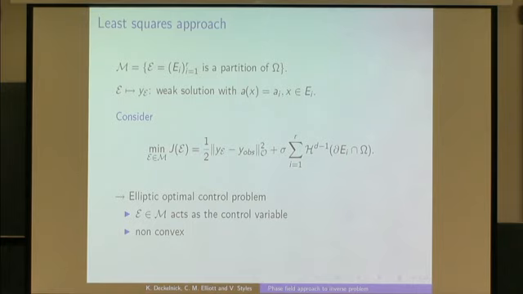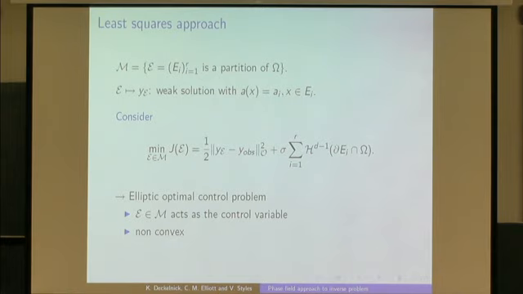It's called Tikhonov regularization, and you end up with a sort of optimal control problem, an elliptic optimal control problem, because the state variable, if you like, is a solution of an elliptic problem. So that's why we speak here about an elliptic optimal control problem, and it's controlled by this variable E here. So that's the control variable.